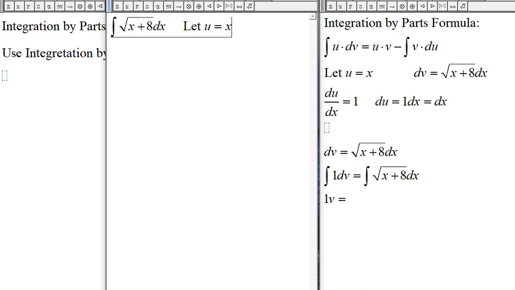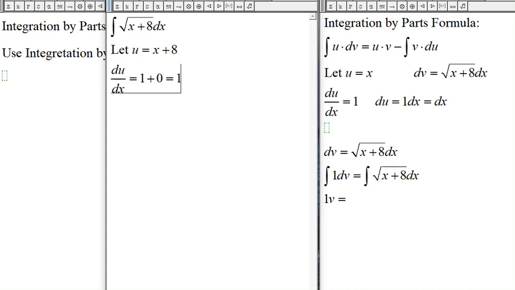So let this u be x plus 8, and so du/dx is equal to 1 plus 0, which is 1. Or we have du equal to 1 dx, which is dx.